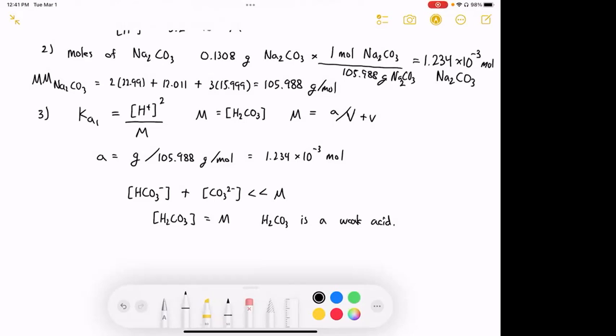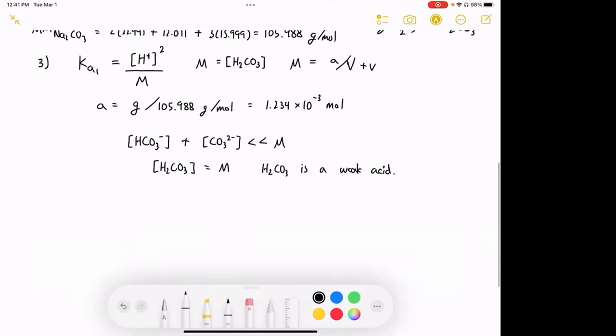Okay. All right. So we calculate A. What is V plus v? Okay. So V is the volume of solution, the original volume of solution that sodium carbonate was dissolved in initially.